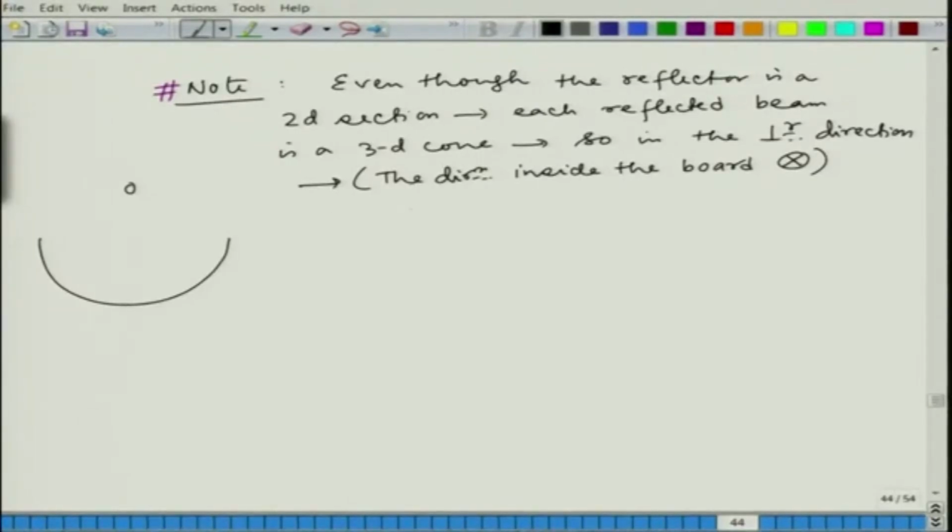So, in that perpendicular direction there will be a certain width of the image. The image is not just a line on the focal plane, but it is 3 dimensional with some spread in the z direction.